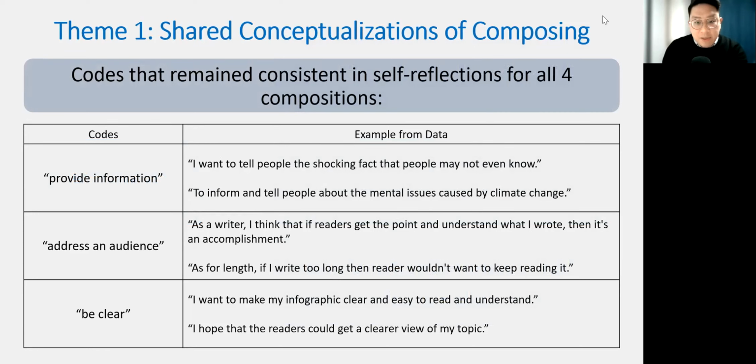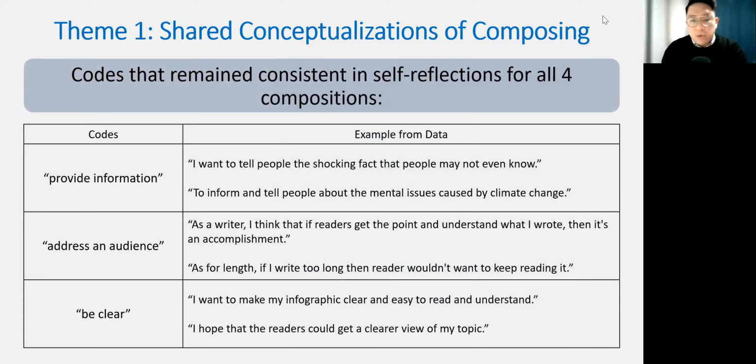If we look at some of the examples: I want to tell people the shocking fact that people may not even know. As a writer, I think that if readers get the point and understand what I wrote, then it's an accomplishment. I want to make my infographic clear and easy to read and understand.